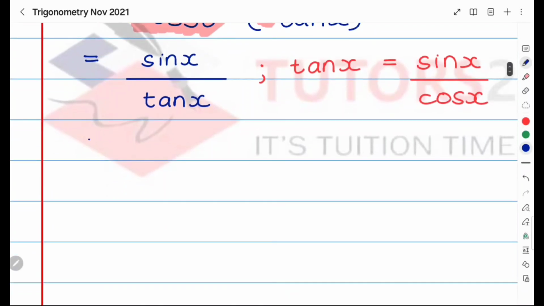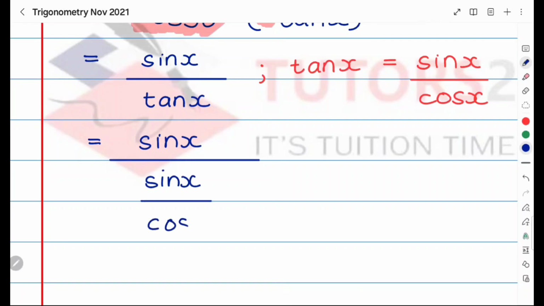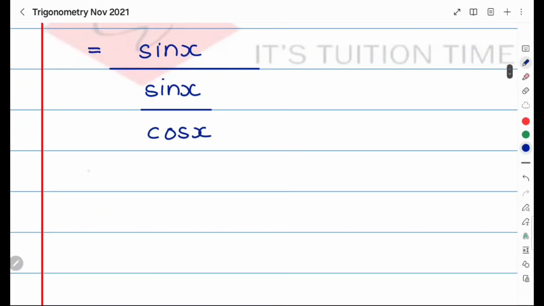So that is then going to become sine x, the numerator that we are going to bring down, over sine x over cos x. We can rewrite this as sine x divided by sine x over cos x.